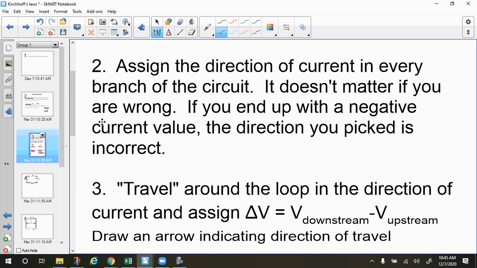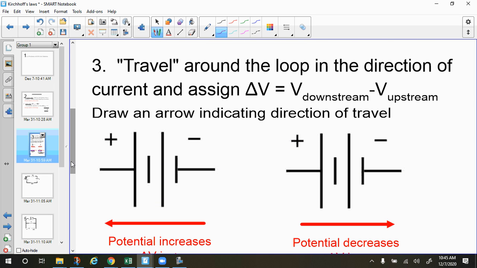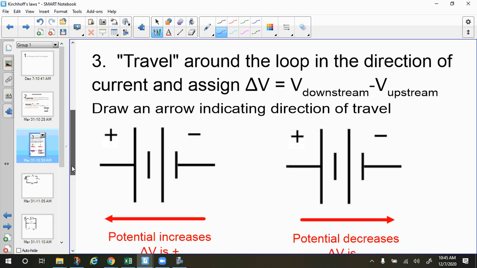Sometimes it's kind of hard to predict which way the current will go in a certain branch because of the multiple batteries. Then you're going to travel around a loop, so you need to draw this loop travel. And you've got to assign your arrows of travel to help you determine what to write for your equations for your loop law.